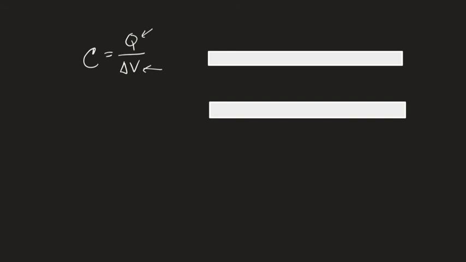When I say 2 sheets of aluminum foil, I'm literally talking about 2 sheets of aluminum foil as big as your tabletop and separated by a single piece of paper. Very big compared to the separation distance. What this allows me to do is say that almost all of the electric field is contained in places where the electric field is uniform. And very little of it is near the edges of the plates.